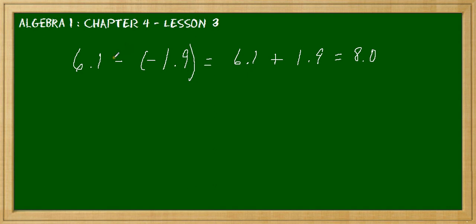So let's move over to number 5. What are they asking? Find each of the following differences. So again, I think we will take that same approach. We would have 0.8 minus negative 3. Now again, if we pause for a minute, we're subtracting a negative.